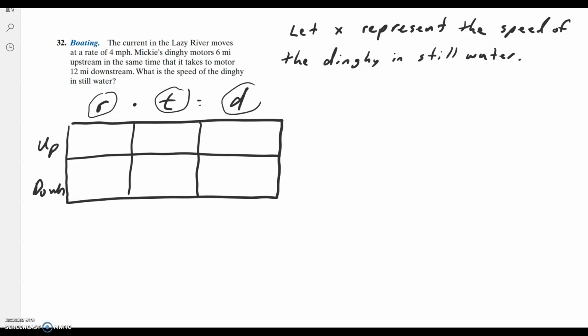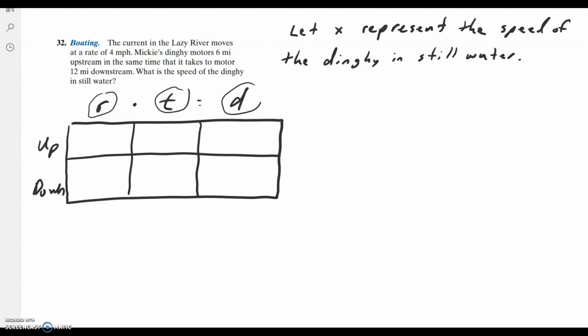Now, one thing we have to understand is that at least at small speeds, speeds kind of add up. If you're going downstream in a dinghy that can go X miles an hour in still water, then you take that speed at X and you add on to it the speed of the water.